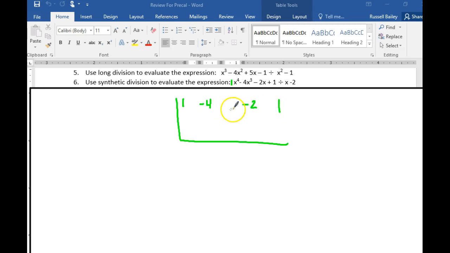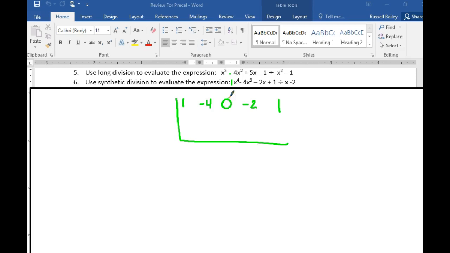You'll notice I left a gap in here, and that was on purpose. So let's see why. The same rule applies to these as it does up here. You can't have any missing terms. So you're noticing it goes 4 power, third power, first power. It missed the second power. So we need to put a 0 in that spot because there was no second power.